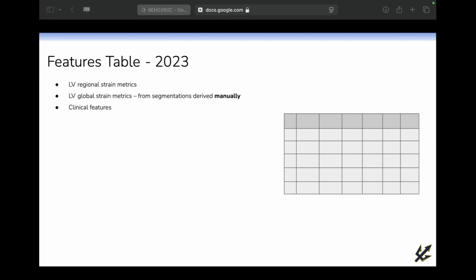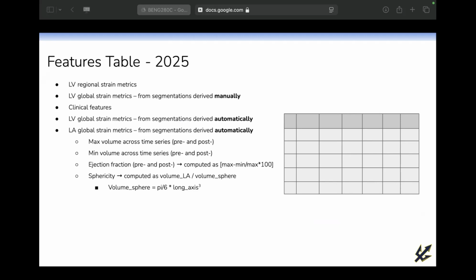That differs from my model, because in my updated features table, we have the clinical features as well as the left ventricle global and regional strain metrics, but these metrics were calculated from the automated segmentations, like I just said, from Lauren's model. So we have both manually as well as automatically derived global strain metrics for the left ventricle.